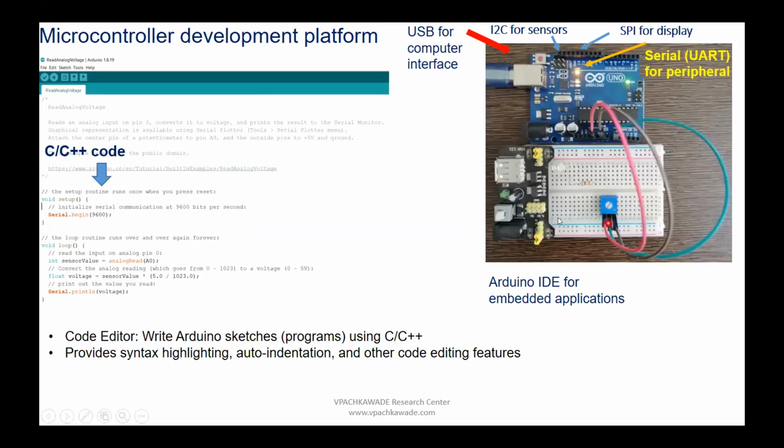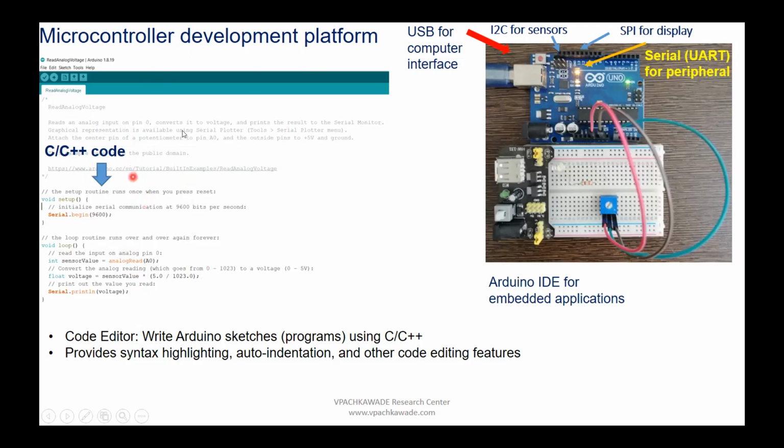So here it is a development platform, as we have shown you. You'll write your C or C++ code in this code editor, and the written code is called an Arduino sketch, or program, using C or C++ language.